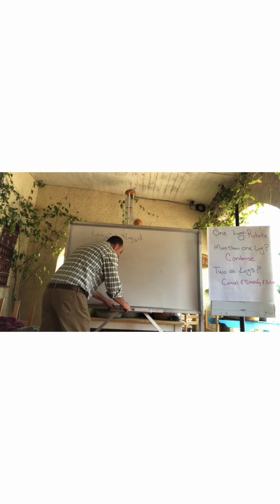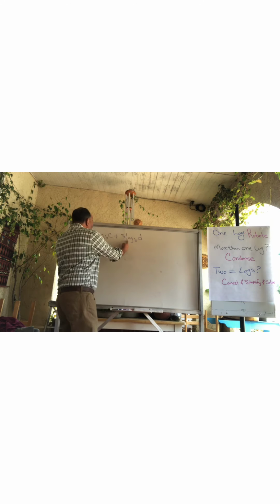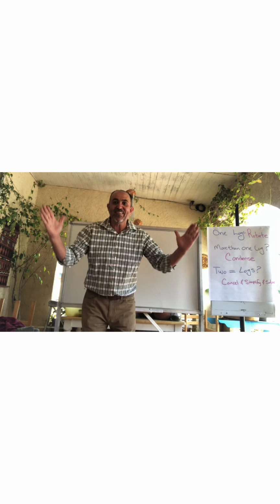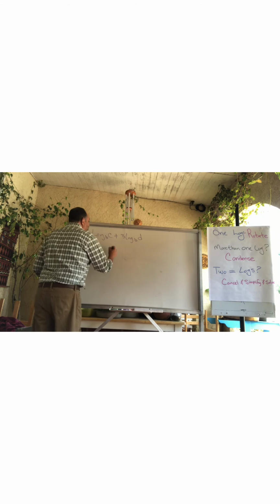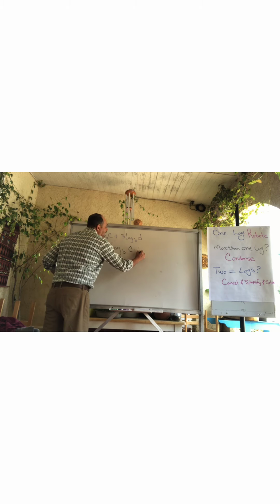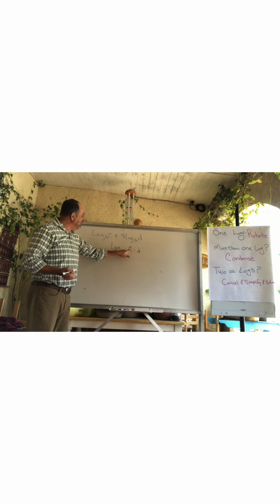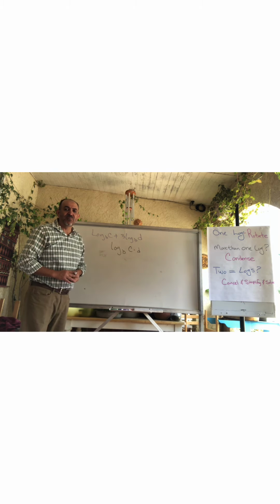Well, first of all, you got to ask yourself the question, how many logs? Oh, there's 2 logs. And what do you do with 2 logs? That's right, you condense. So let's go and condense these into only one log. Log base B of C times D. Why times? Because whenever this is a plus, that turns into multiplication.